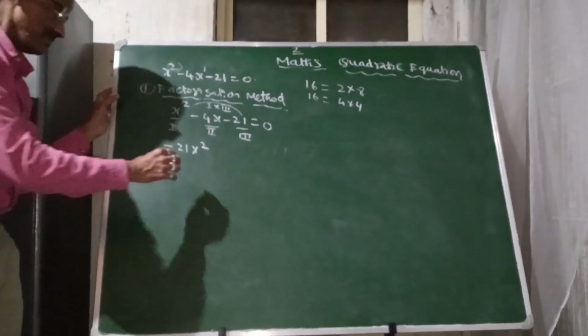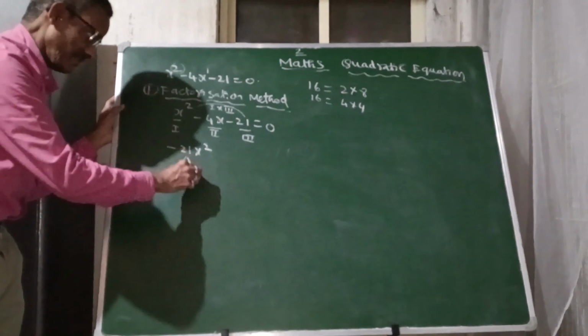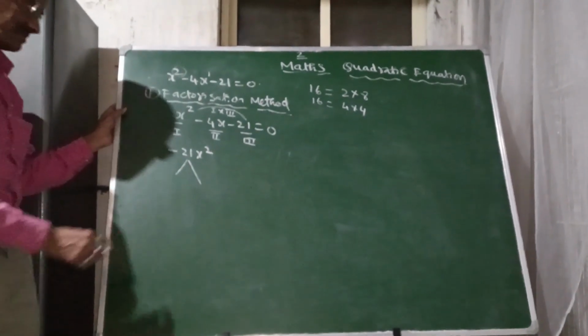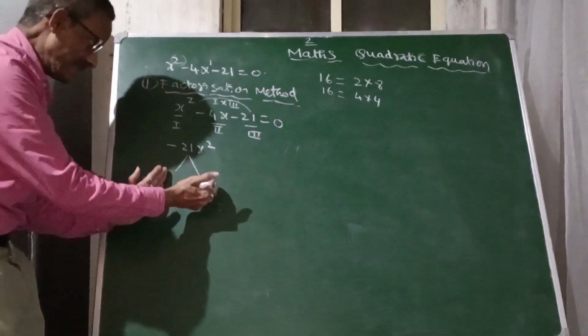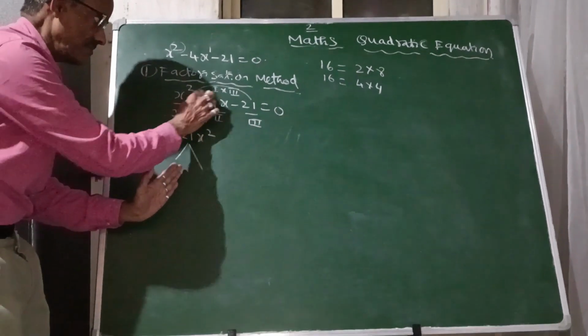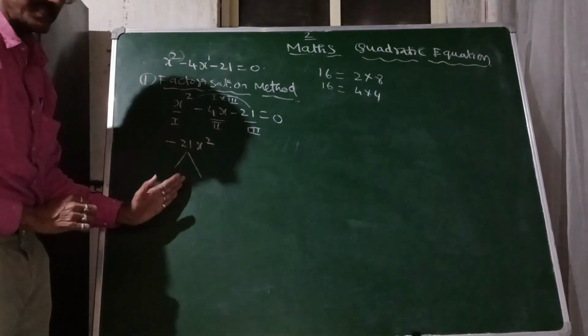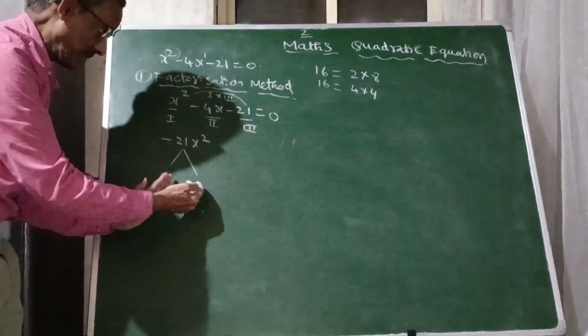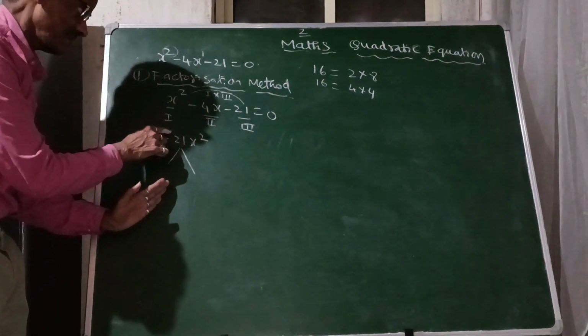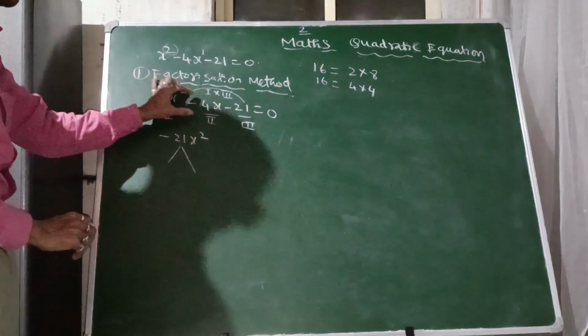Then now we have to split this. How do we split? You have to split this number in such a way that by adding the two things you get the middle term, the second term. If you multiply those split terms, you have to get this value. So what numbers should I select to get this?